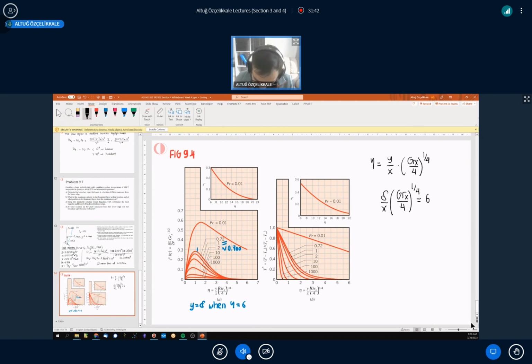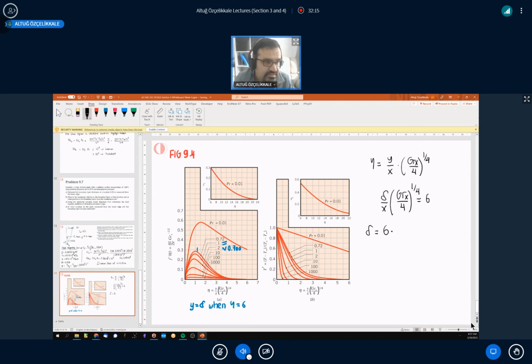From here, you can solve and obtain an expression for delta for this particular Prandtl number. That's only valid for a Prandtl number of 0.72. But if you look at the other Prandtl numbers, for instance, as the Prandtl number goes to 10 or 100, this eta is becoming around 5 or maybe 4.5. But otherwise, you're in the same neighborhood. So you can infer about that.